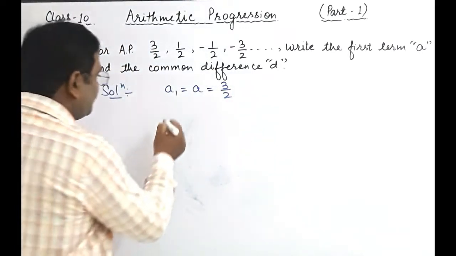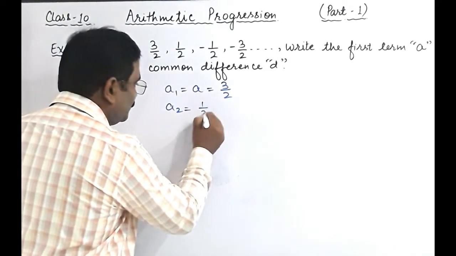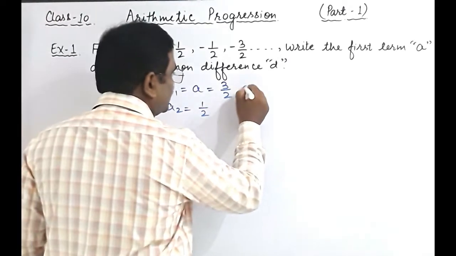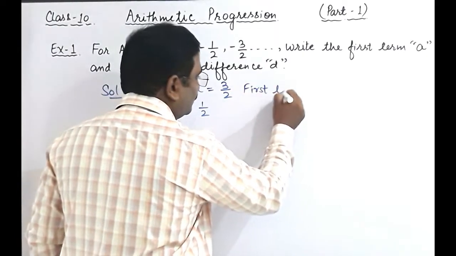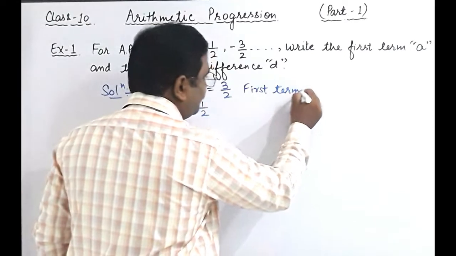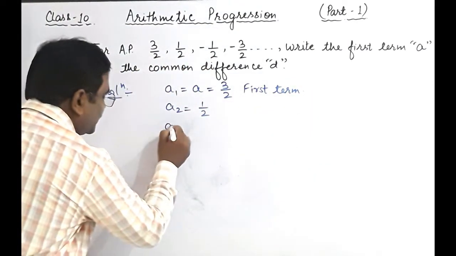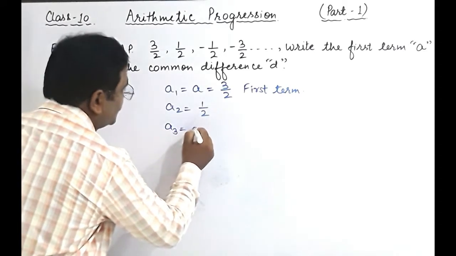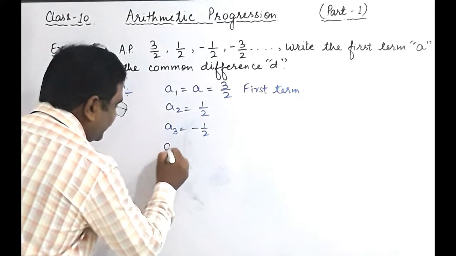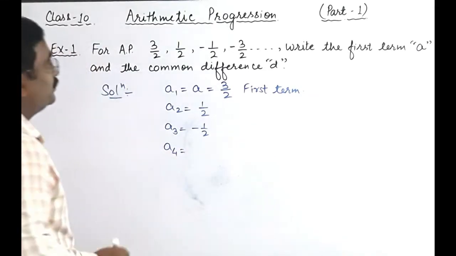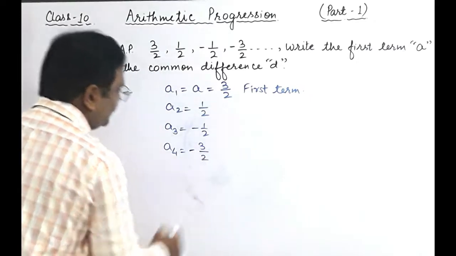Second term is 1 upon 2. Third term is represented by a3, which is minus 1 upon 2. And the fourth term is minus 3 upon 2. So these are the terms given.